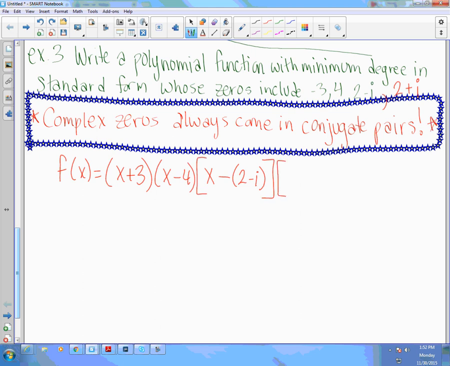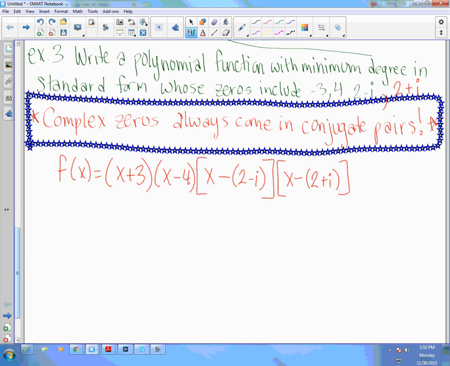It's also positive, so the other one's factor would be x minus parentheses 2 plus i. Okay, so writing the factors of the complex zeros is a little tricky. You have to make sure you minus the whole thing. So put the whole thing in parentheses.